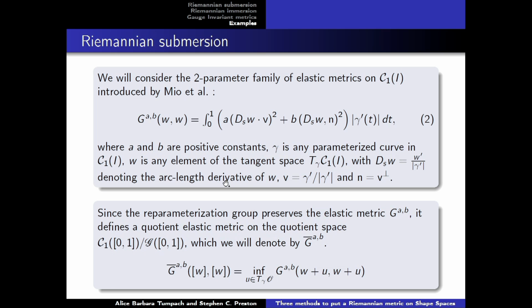So the Riemannian submersion case, the first procedure: you endow the quotient space downstairs with the quotient Riemannian metric, which is given by this formula. So you have a minimization step, or you compute the horizontal space of this metric and you restrict to horizontal variations.